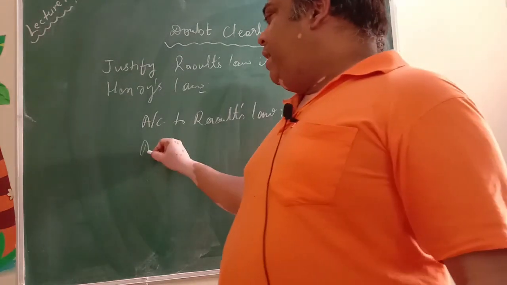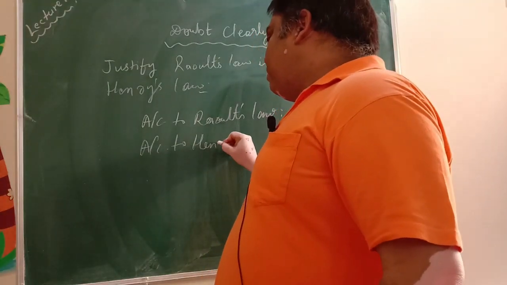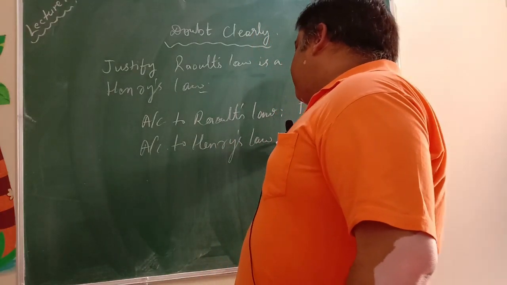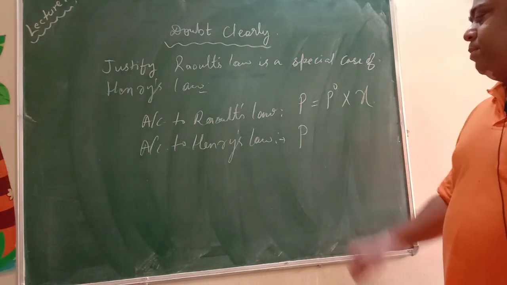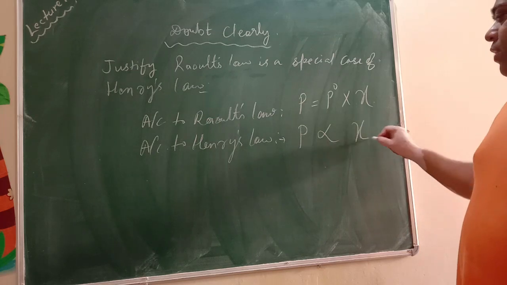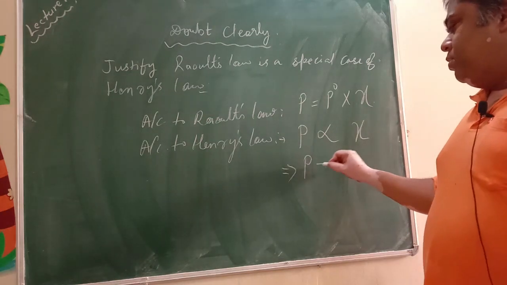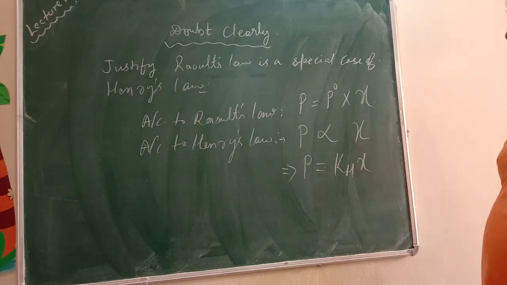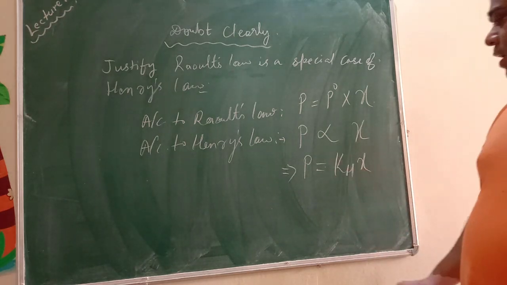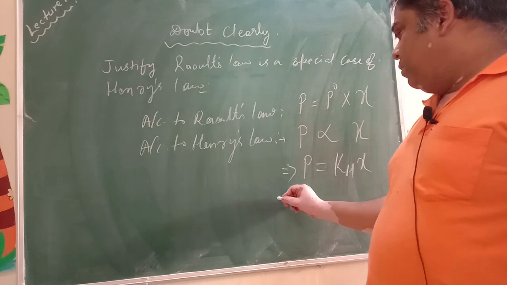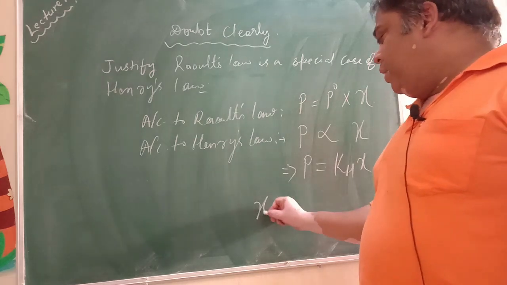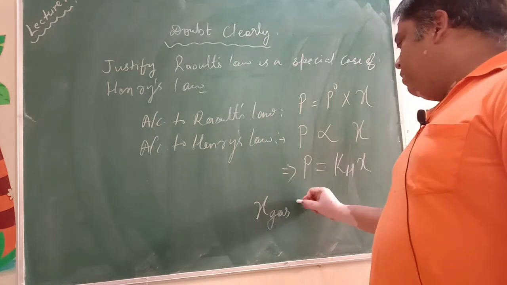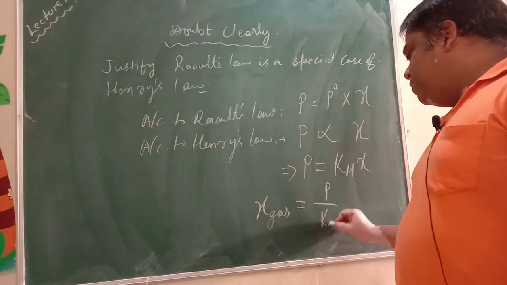And what does Henry's law say? Henry's law talks about solubility of any gas in terms of its vapor pressure, which is directly proportional to the mole fraction, such that P is equal to KH into X. If P is constant, if vapor pressure or the partial pressure of any particular gas in the atmosphere or any system is constant, then we can write solubility of the gas in terms of mole fraction is equal to P by KH.